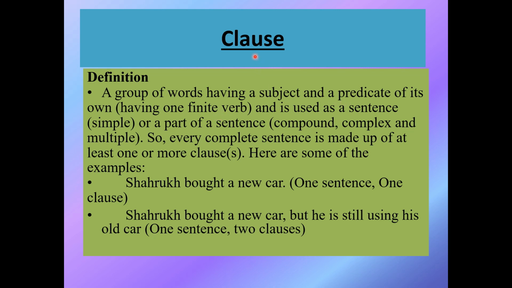But in a clause, it is always necessary that we have a subject, if not a proper subject then an understood subject, and a predicate, and in the predicate we need to have at least one finite verb.